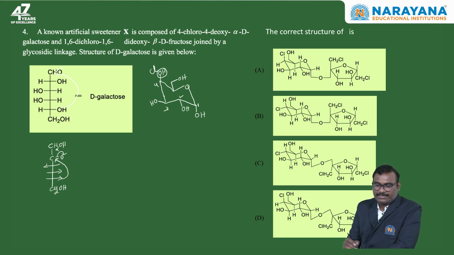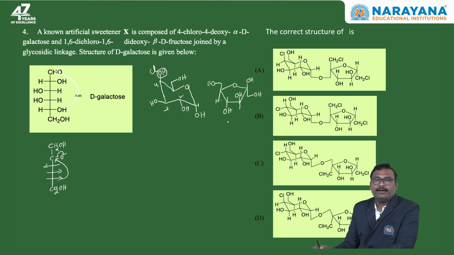What is the general structure of beta D-fructose? I am writing here. The OH is up, CH2OH is down, and the OH is up and the OH is down, and CH2OH. It is the beta deoxy.